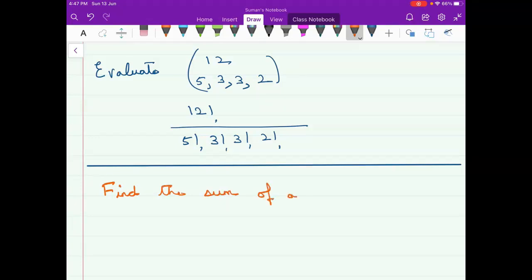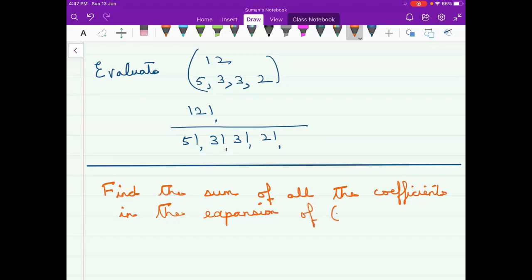Coming to the next question, find the sum of all the coefficients in the expansion of x1 plus x2 plus xk whole raised to n.